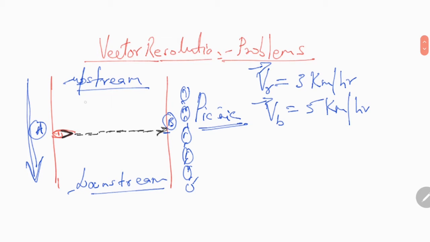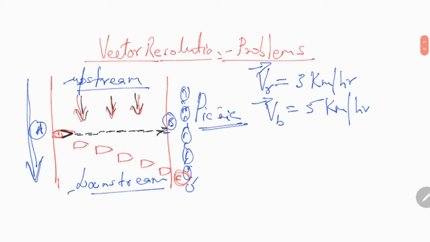Since your river is flowing in this direction, it is going to push your boat in this direction, and you might ultimately end up somewhere at C. That is because you have a constant push of the river from the upstream to the downstream.